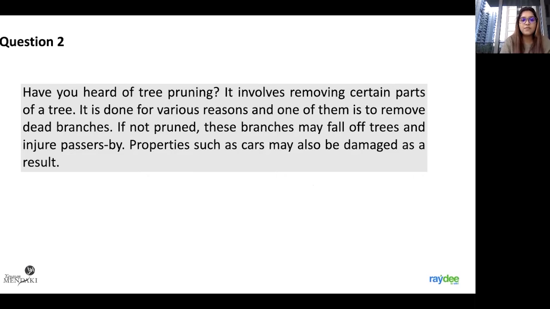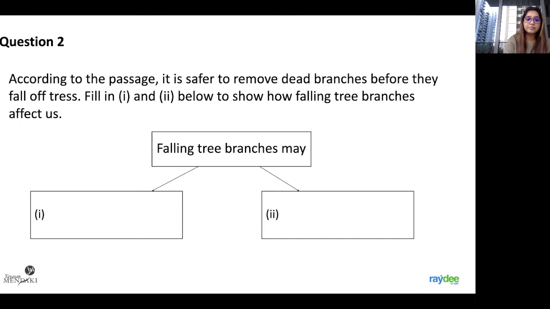The next question: have you heard of tree pruning? It involves removing certain parts of a tree. It is done for various reasons, and one of them is to remove dead branches. If not pruned, these branches may fall off trees and injure passers-by. Property such as cars may also be damaged as a result.